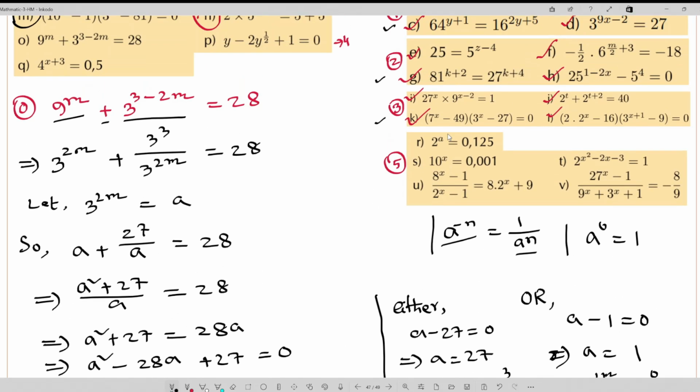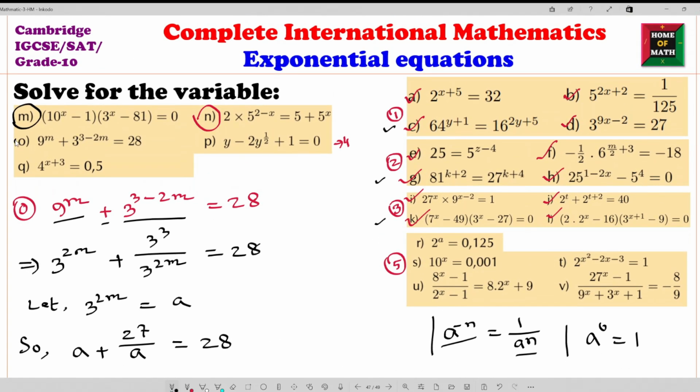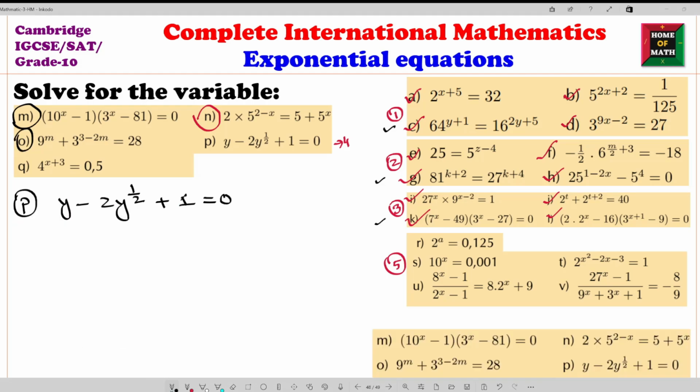So number O done. In this video we will do 2 more maths. Let's start. Number P, here is y minus 2y to the power 1 by 2 plus 1 equals 0. So this y we can write y to the power 1 by 2 whole square.